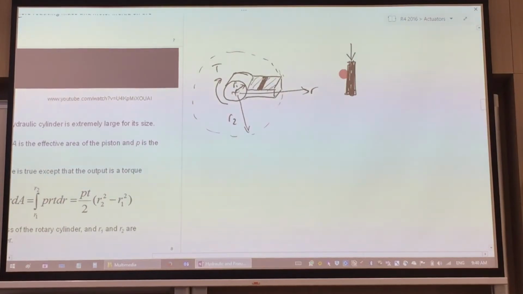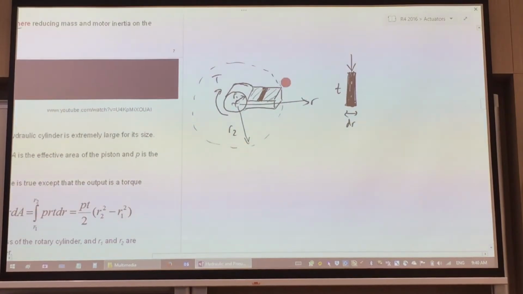I'll give the dimension of this. This will be the length T, and that small little radius over here I call dr, just an elemental little radius. This part here is T, sort of like the thickness.